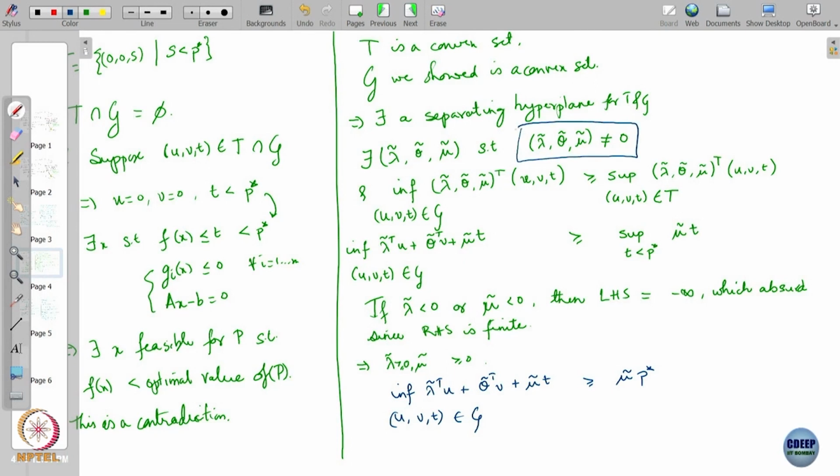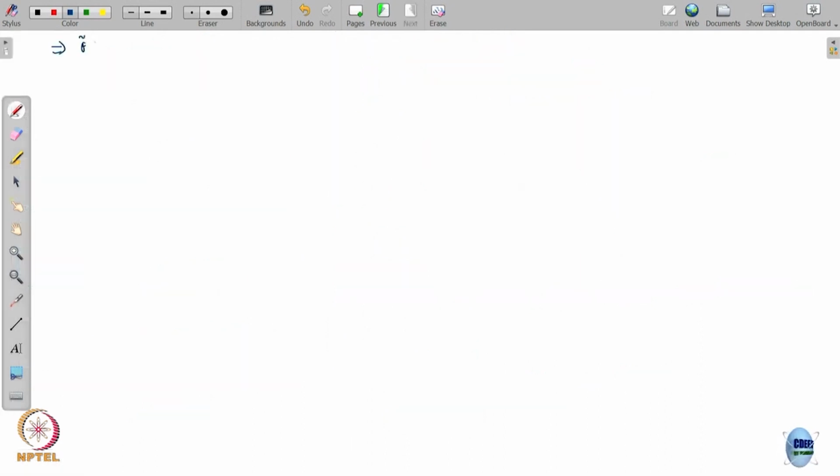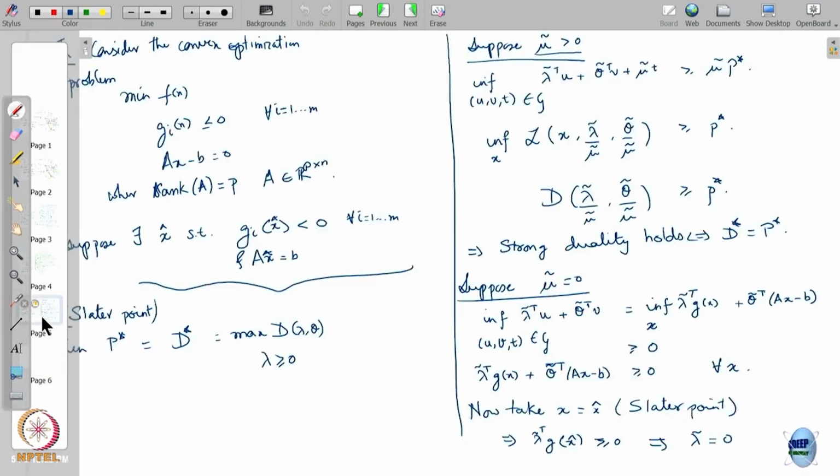So, the only way that is possible is that theta tilde is not equal to 0. But anyway, we have got that lambda tilde is equal to 0, so this term is now gone. It means now that with theta tilde not equal to 0, we must have that this expression is greater than or equal to 0 for all x.